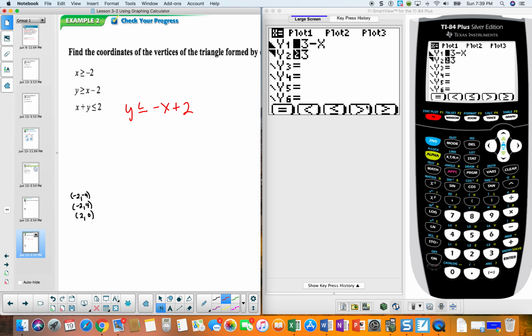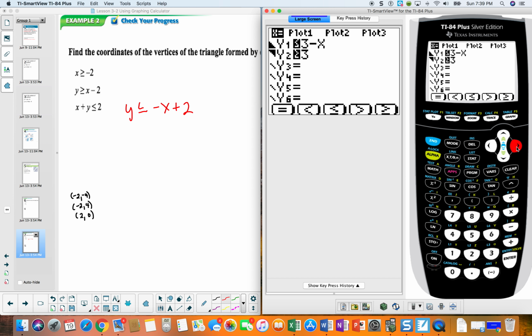Now I have a less than or equal already here, so I'm going to go over, clear, opposite of x plus 2, and then I have a greater or equal right over here, so I'm going to clear, and this is going to be x minus 2. And now I want an inequality with x's, so I'm going to go all the way over and then up and then enter, and I want a greater or equal, but this time it's going to be negative 2.